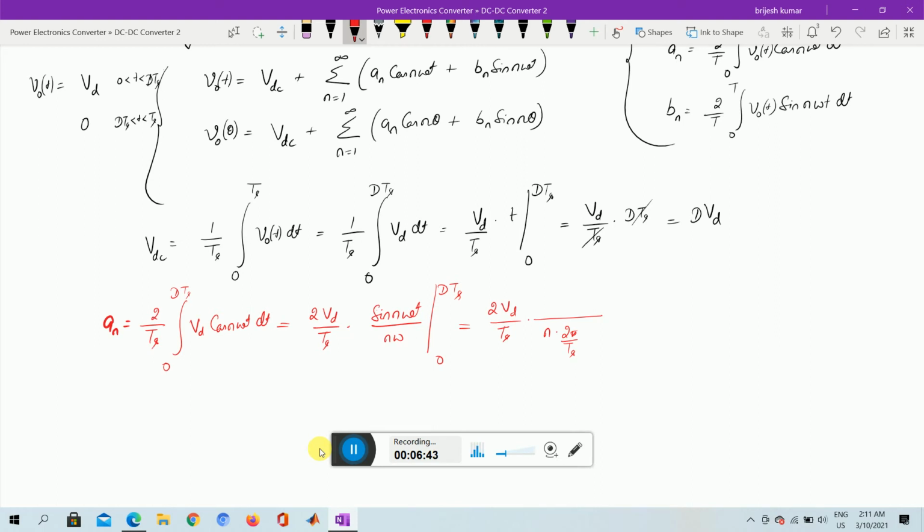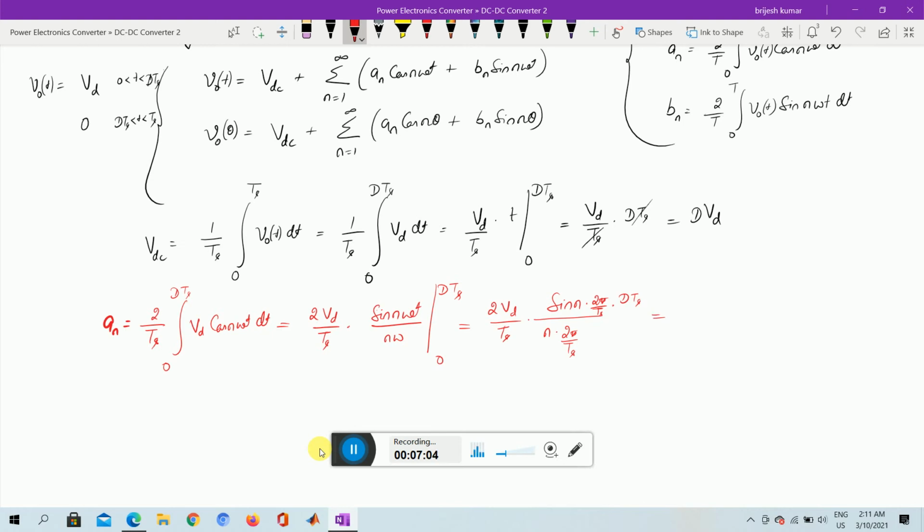Putting the value of D TS here, this is sine of n omega, where omega is 2 pi by TS, into D TS.